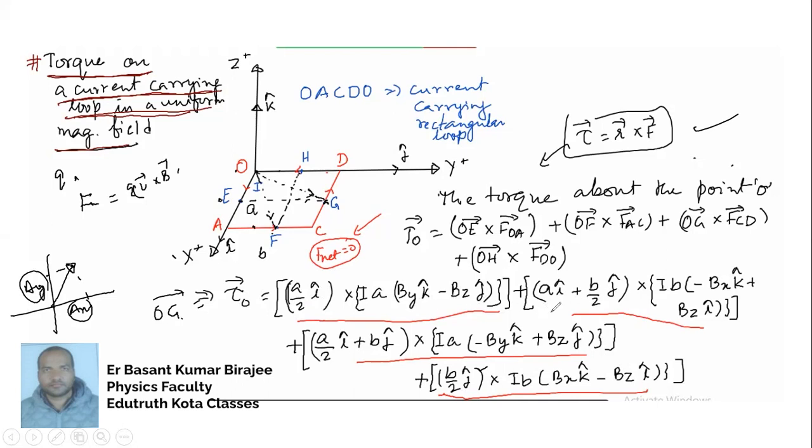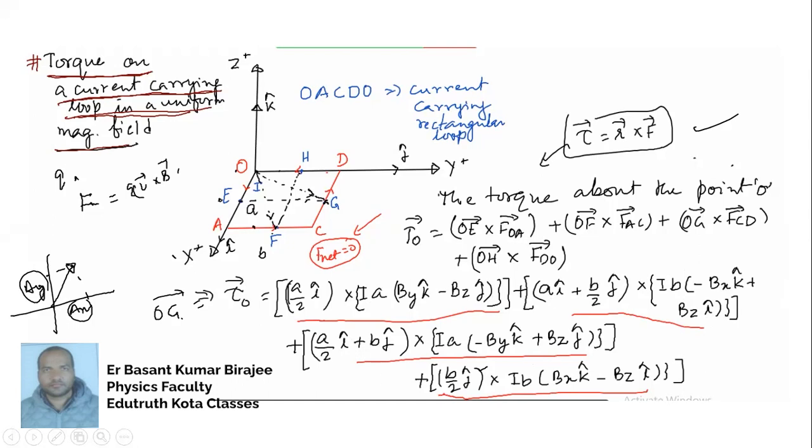Similarly, you can take the cross product of these two vectors. First, you take the cross product of the A i vector with each of these terms separately. Then you again take the cross product of B/2 k with each of these two terms. Same thing for all of these. And if you simplify, you will get the final result.